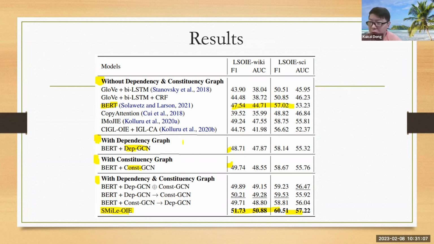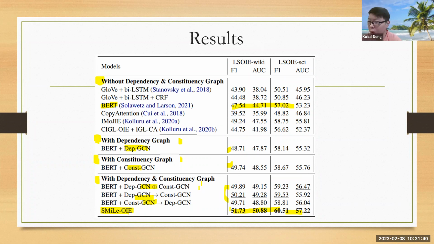This shows that using one of the dependency graph and constituency graph is helpful. Then we go to the next step to analyze. Combining them both without multi-view learning is better than using a single syntactic graph. So using both is better than one, even without multi-view learning.